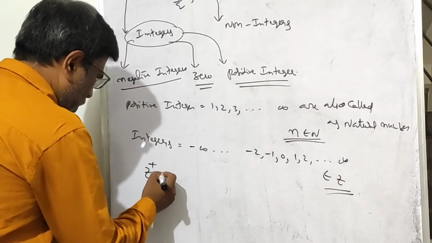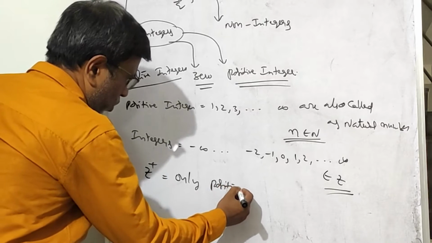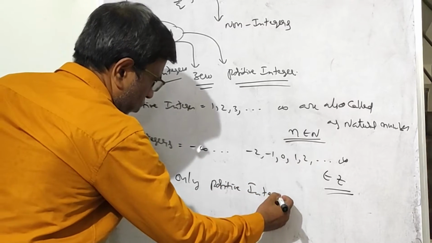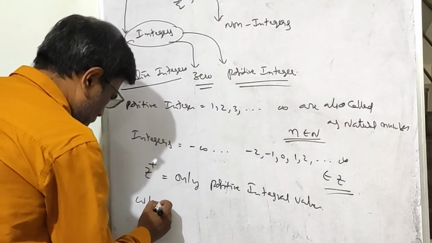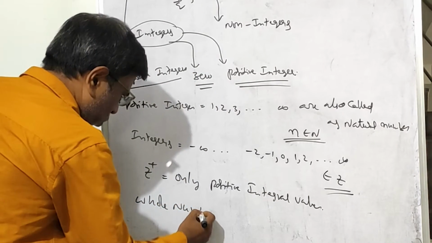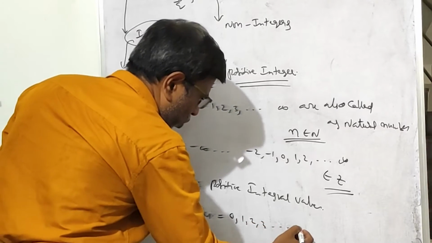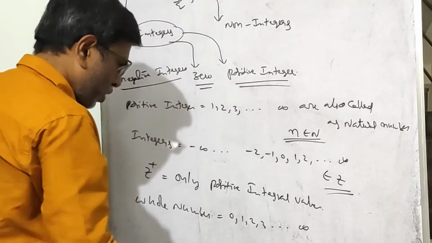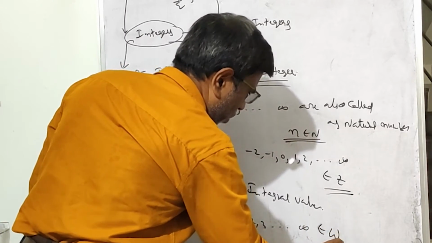Z plus means only positive integral values. Whole numbers means 0, 1, 2, 3 and so on to infinity, and this is denoted by W, the general notation.